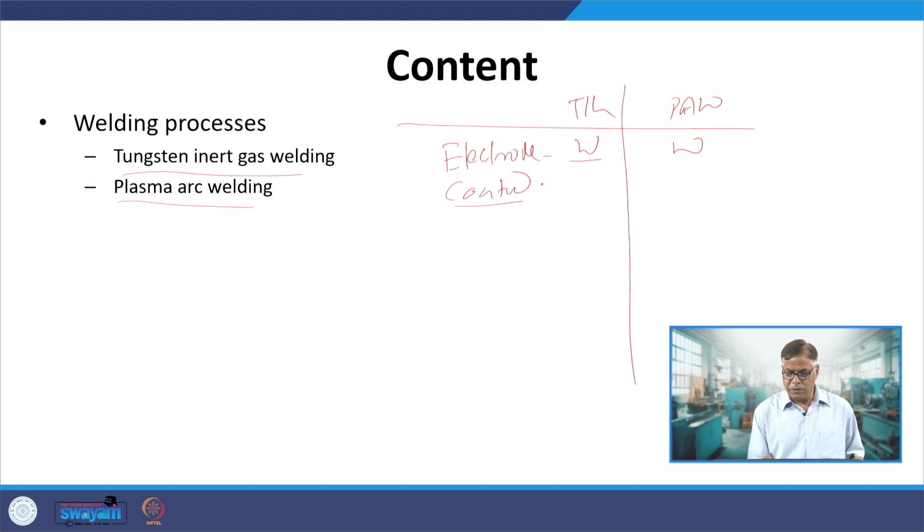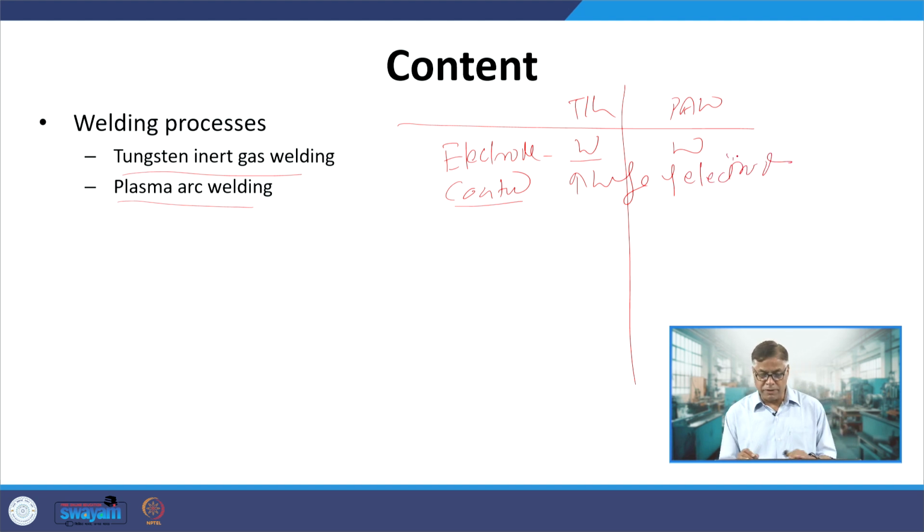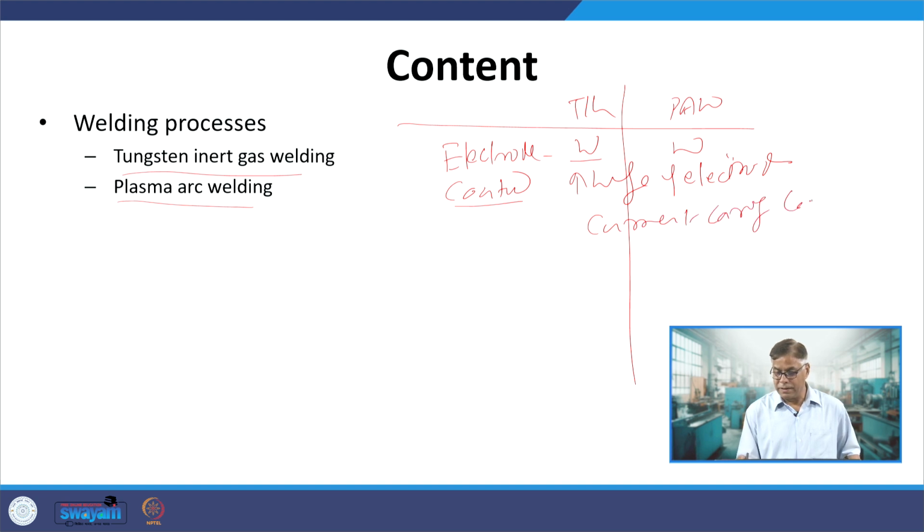A coating of zirconium or thorium is used particularly for increasing the life of the tungsten electrode. If we use a bare, uncoated electrode, then the life is somewhat limited, and the coating also increases the current carrying capacity of the electrode.